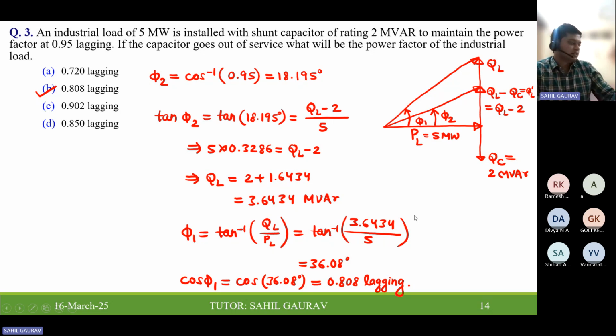I think sir has provided one formula also, but I'm not using that formula because there is no need to remember it. Use the power triangle, it's easier to find through this triangle, and your concept will also improve. Yeah, this method is good.